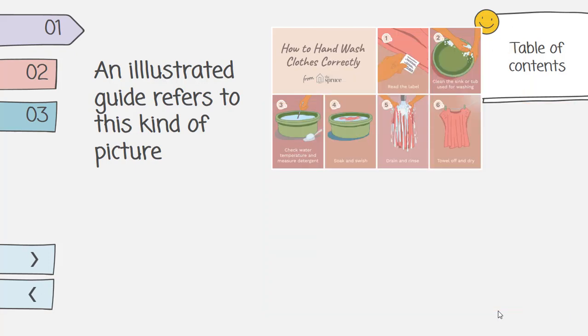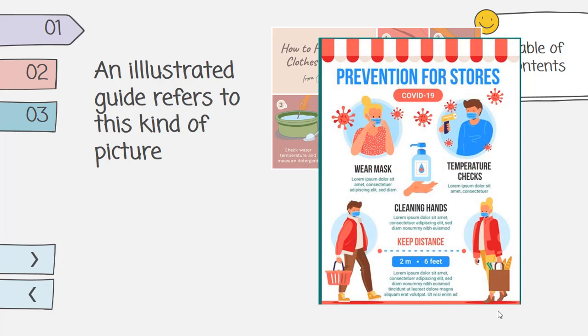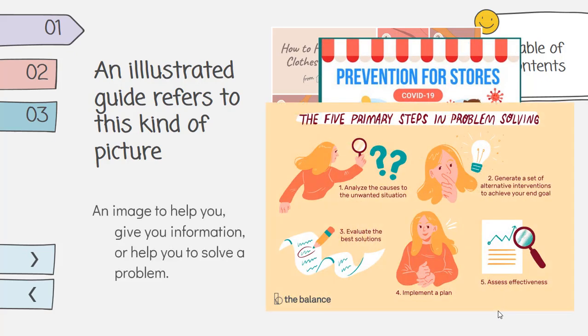Entonces, esta clase de pictures que nos dan information, they give us information, or they help us, nos ayudan, or they help you to solve a problem, o nos ayudan a resolver un problema, son illustrated guides, son guías ilustradas, alright?